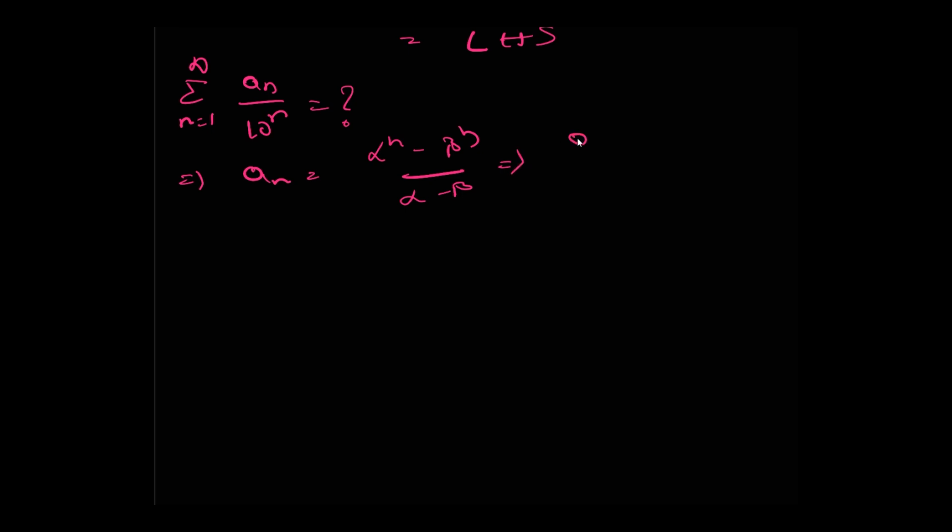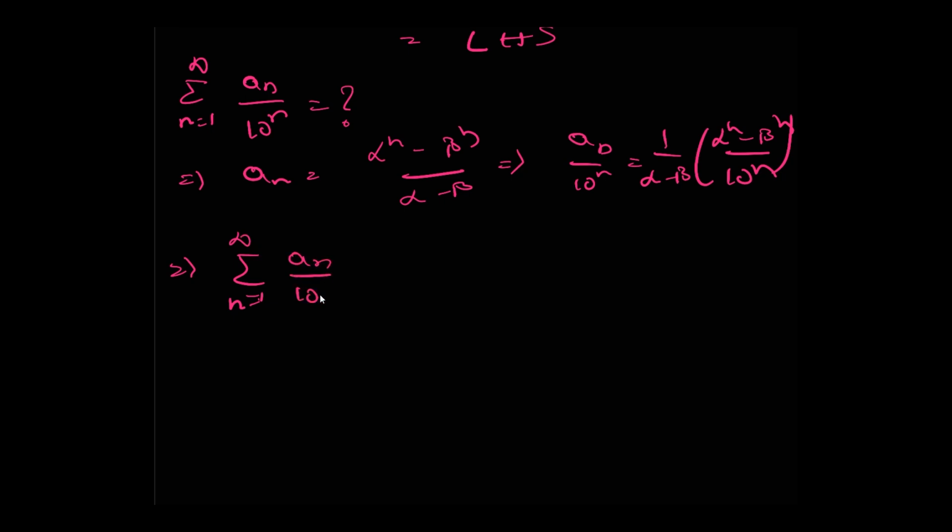That implies a_n by 10 power n can be written as 1 by (alpha minus beta) into (alpha power n minus beta power n) by 10 power n, by taking all n's in common. That implies summation n equals 1 to infinity a_n by 10 power n equals 1 by (alpha minus beta) into summation n equals 1 to infinity (alpha power n minus beta power n) by 10 power n.